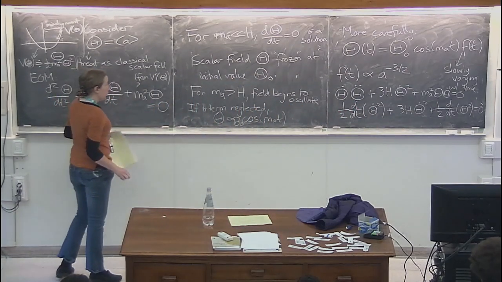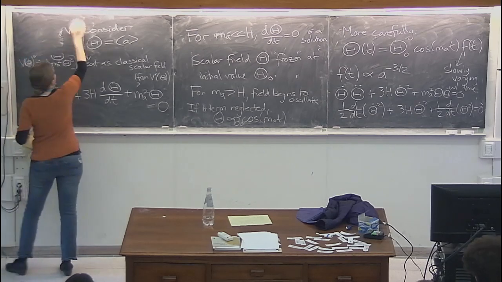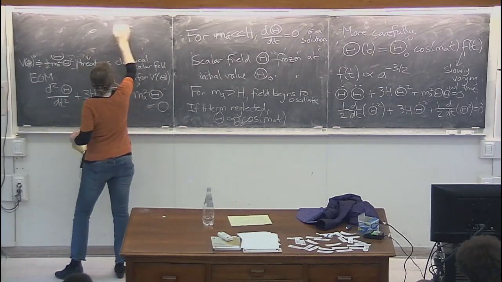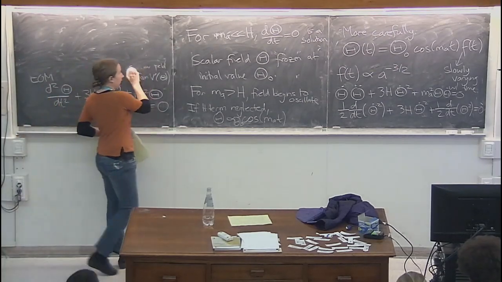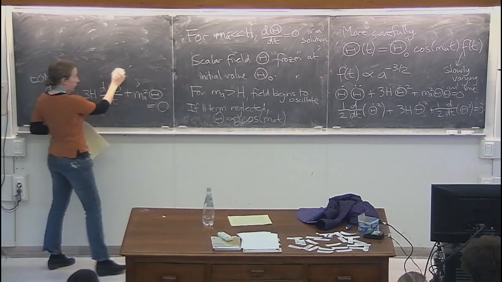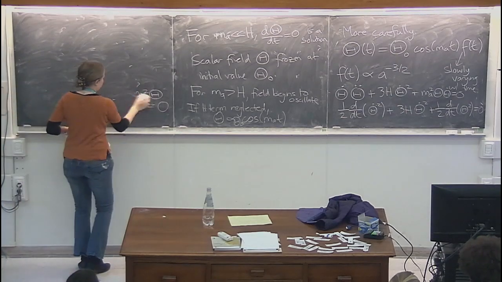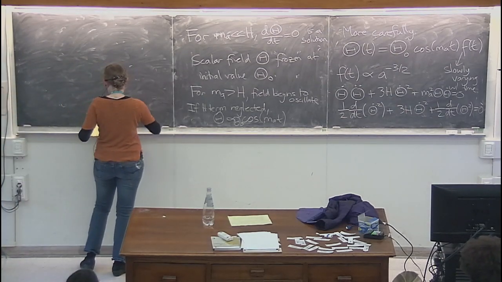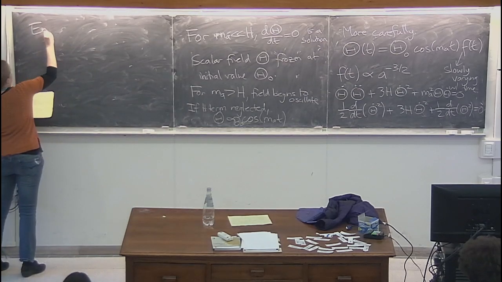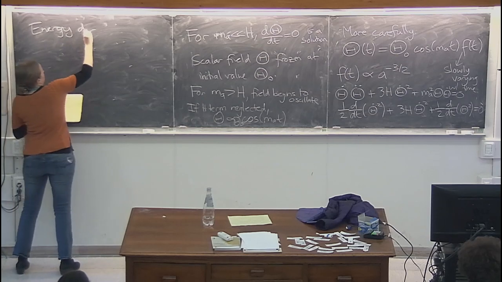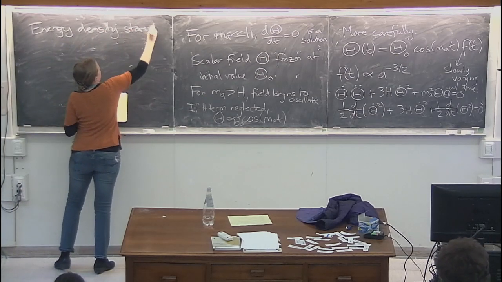So what's the energy density due to a scalar field evolving in a potential? So the energy density stored in this field is, so there's a potential energy term plus a kinetic energy term.